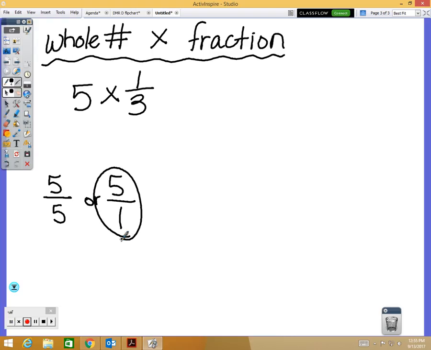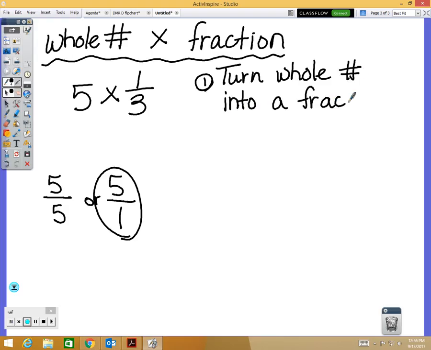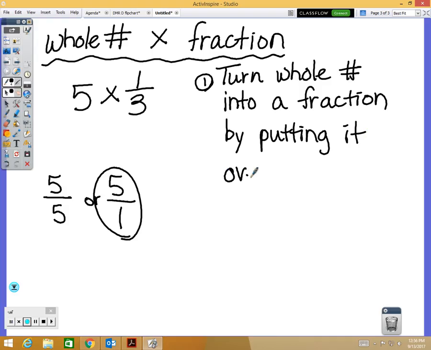So, turn a whole number into a fraction by putting it over 1.